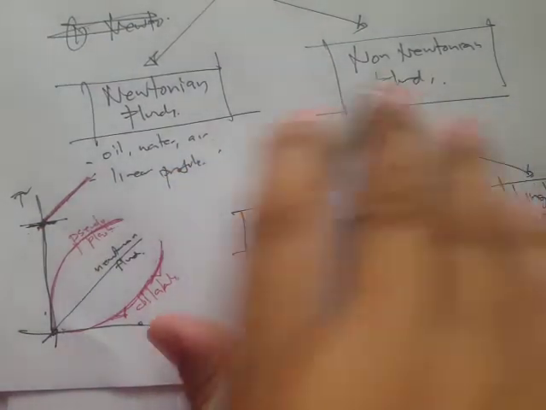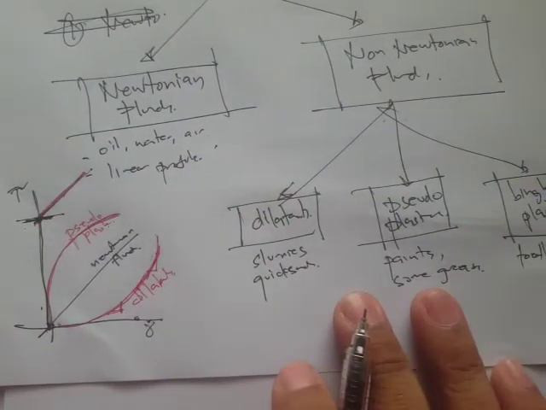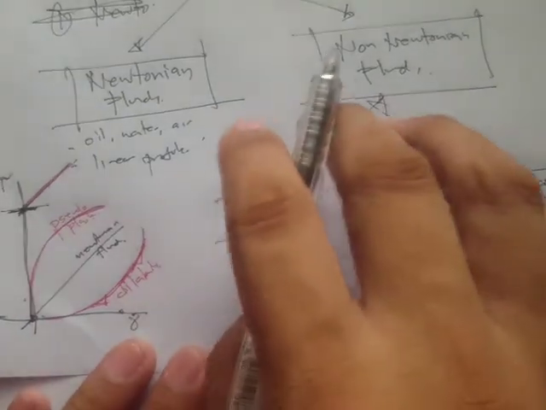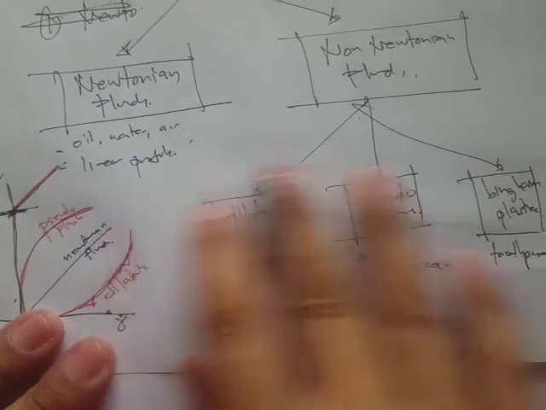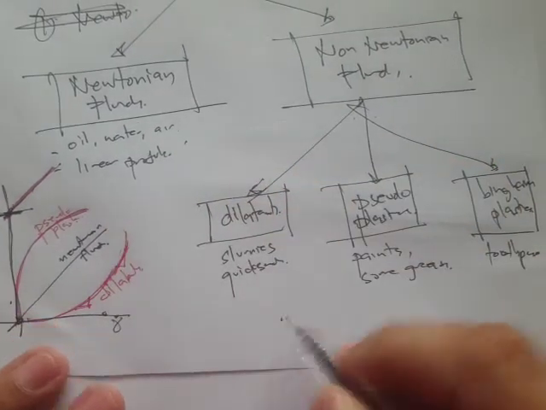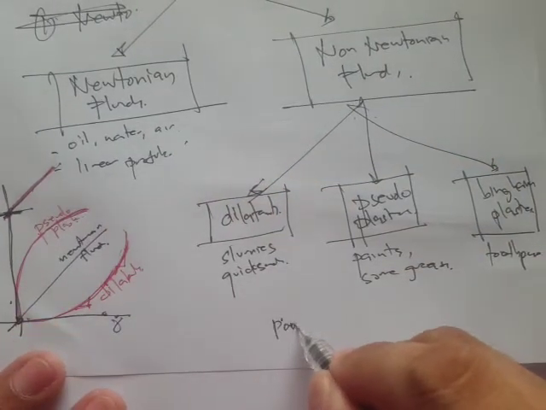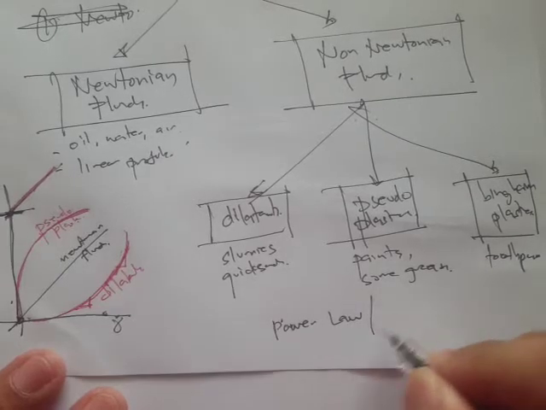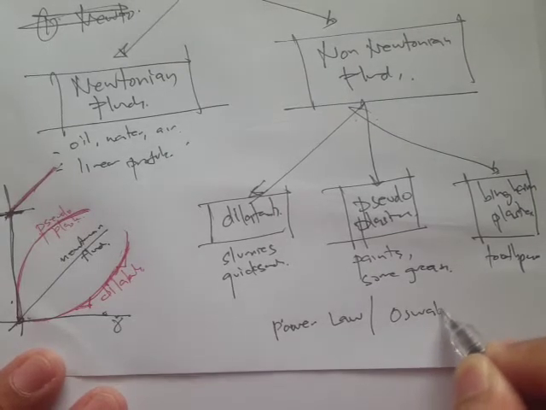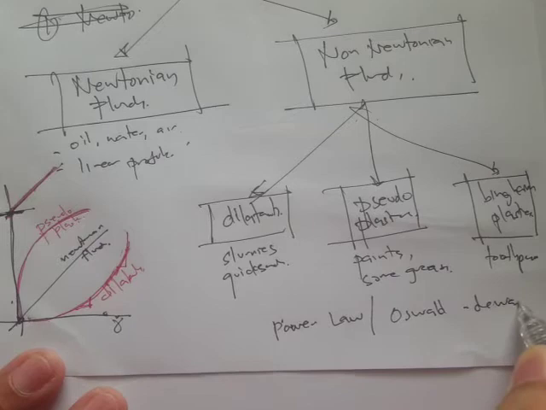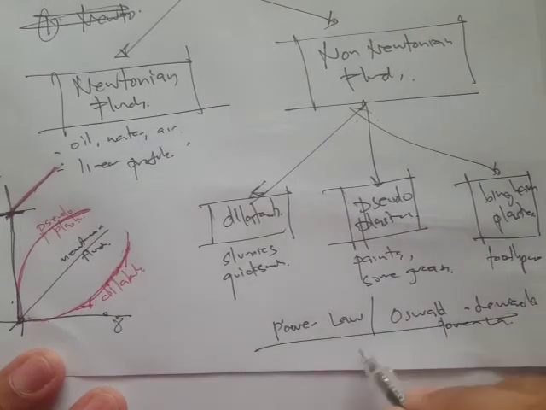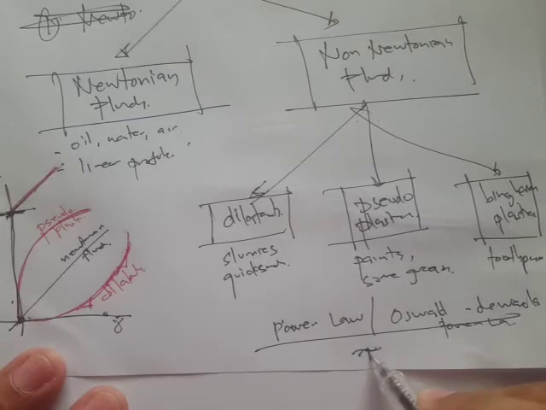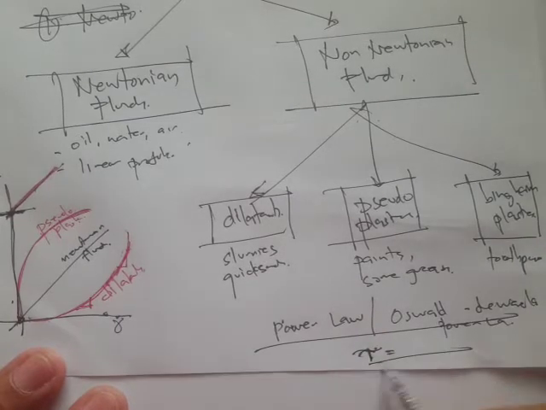So that's non-Newtonian fluids. The viscosity equation for this type of fluid would be the power law, or Ostwald-de Waele power law, right? It's written in our handouts that there's a shear stress equation for this as well.